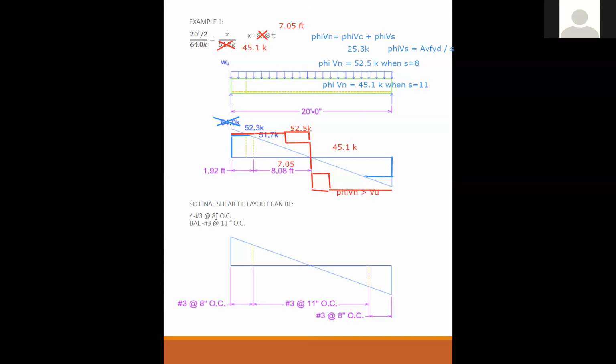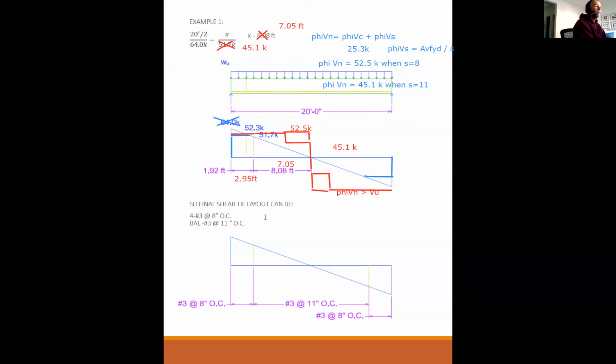Professor, what did you calc just a second ago? 2.95 times 12 over something? Okay, so we just said this is 2.95 feet. See this number right there? How many ties do I need to provide before I can drop it?